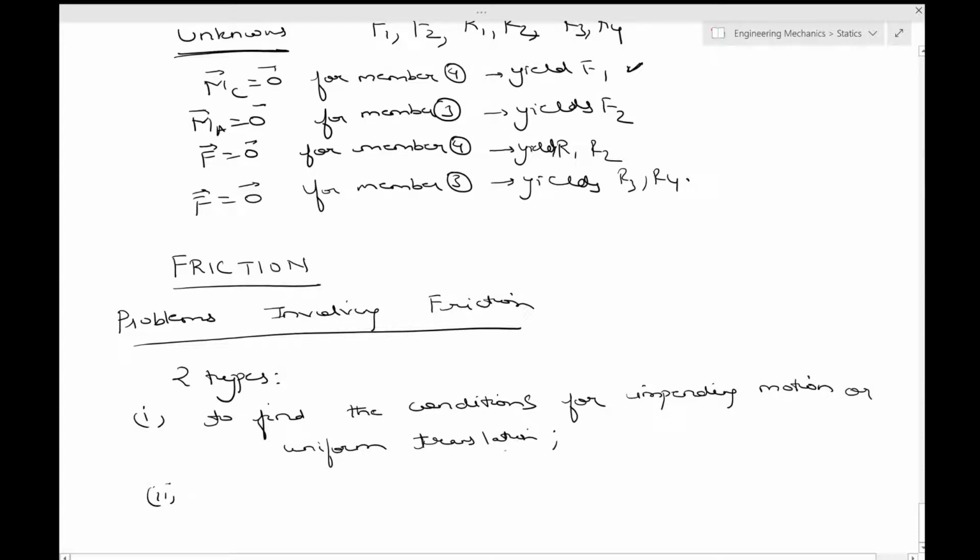And the second category is to find out whether a system remains in equilibrium under given applied loads.